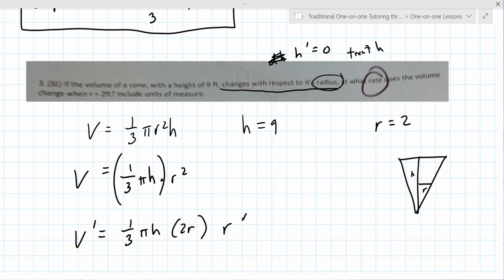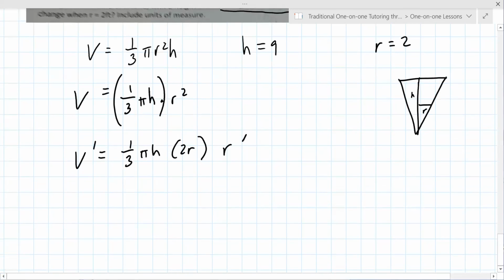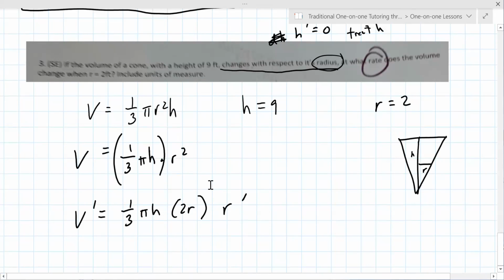Now there's more to this. It's really awkward. There's an r prime, an implicit derivative here, but because it's saying that it only changes with respect to its radius, maybe your instructor doesn't mean for this to be here.